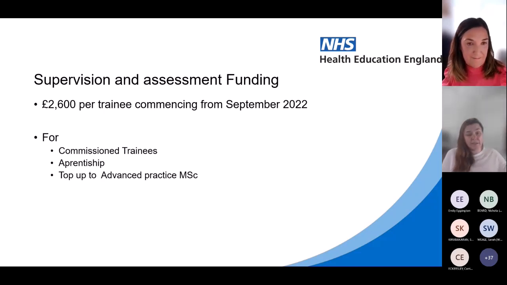The funds will come in 3 instalments. For this year, the first of those instalments will come with the education contract, and from the September period will be a shorter amount of money because it's related to the financial year and not the academic year. And then there'll be a second wave with the January payments.